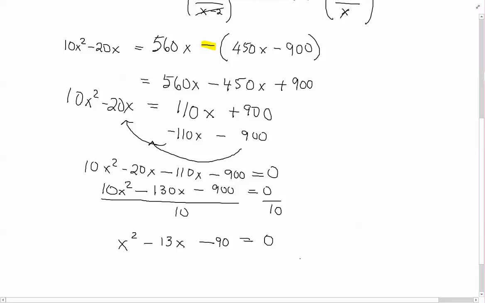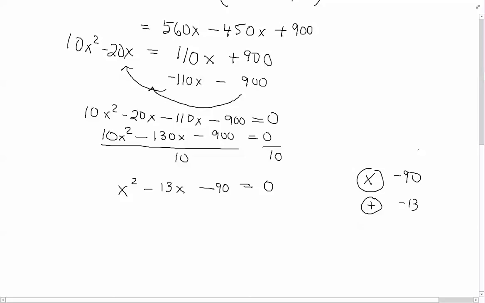So we want two numbers, if we solve this by factoring, two numbers that will multiply to give negative 90 and add to give negative 13.